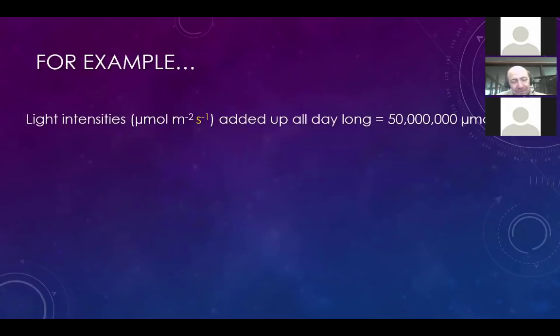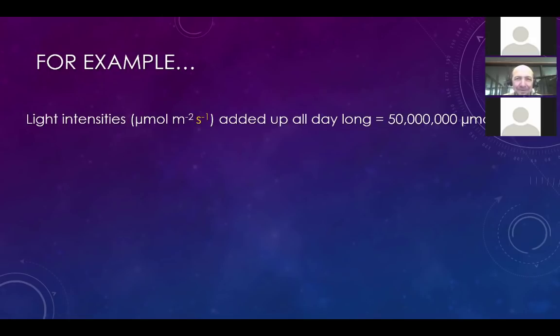Just to show you the math, because it's really quite simple, though these units can be a little intimidating because it's a bit of a foreign language: we're taking light intensity, which is measured in micromoles per square meter per second, and we add up all of those measurements all day long, and we end up with a very big number, and then change that unit from seconds to days. So we end up getting 50,000 micromole per square meter per day.